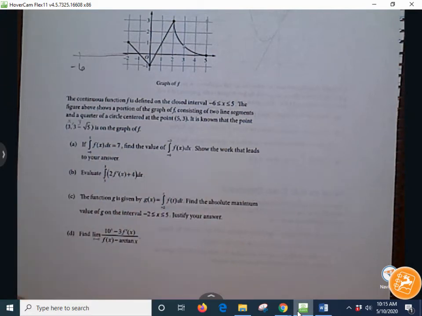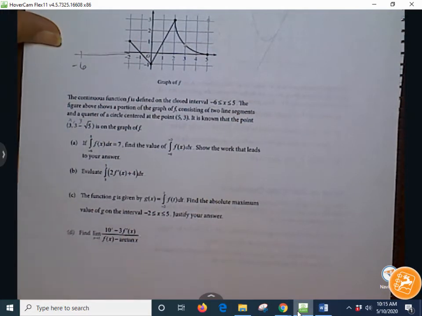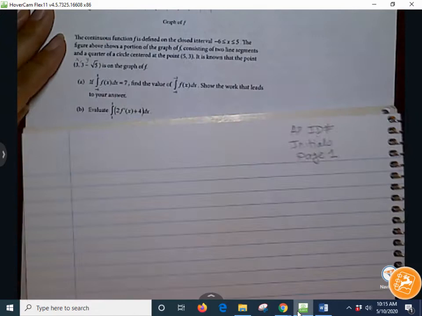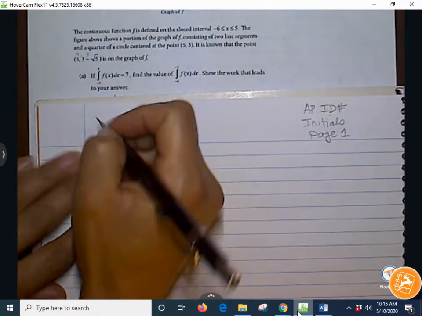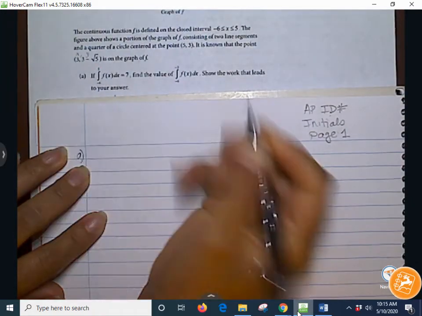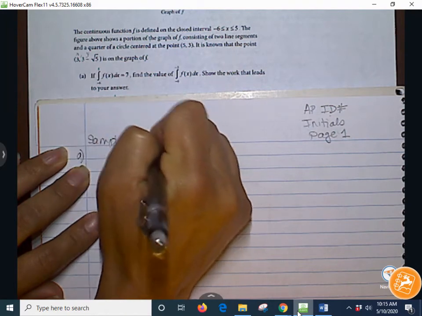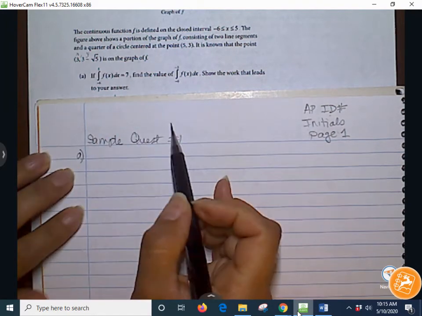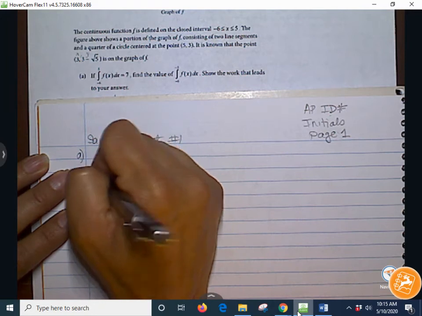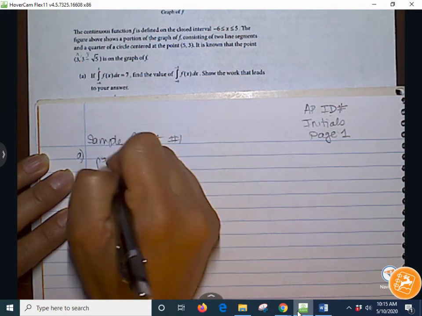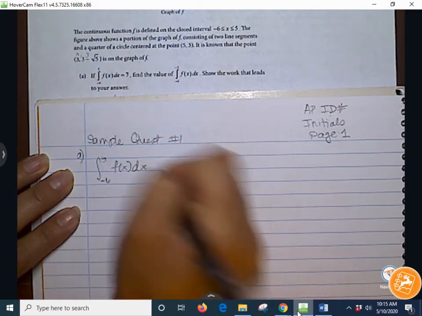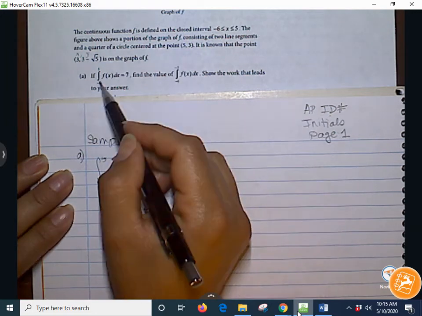All right, looks like we're doing a properties of integrals type of problem. And I'm going to see part A. I have the integral from -6 to 5 of f of x dx, and I know that's equal to 7. What is -6 to 5 equal to?